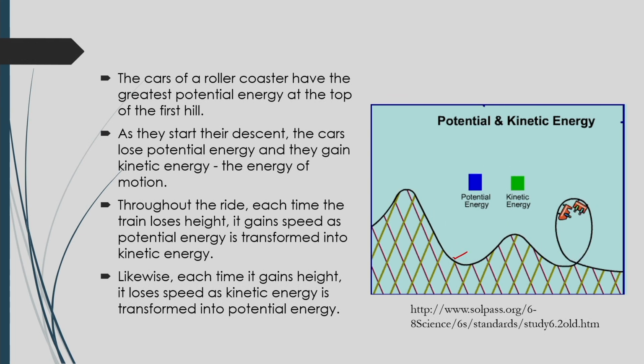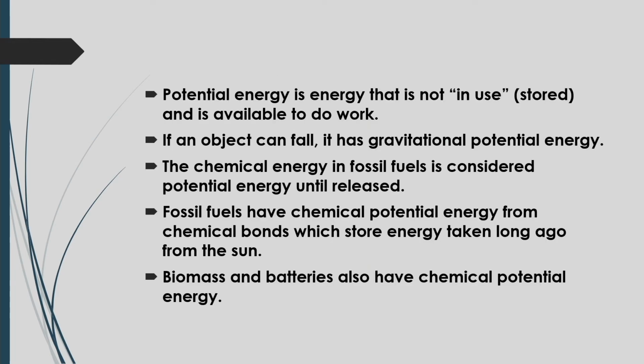From this change in position and velocity, how potential and kinetic energy change, and how energy is converted from potential to kinetic or kinetic to potential, you can easily understand from this video.